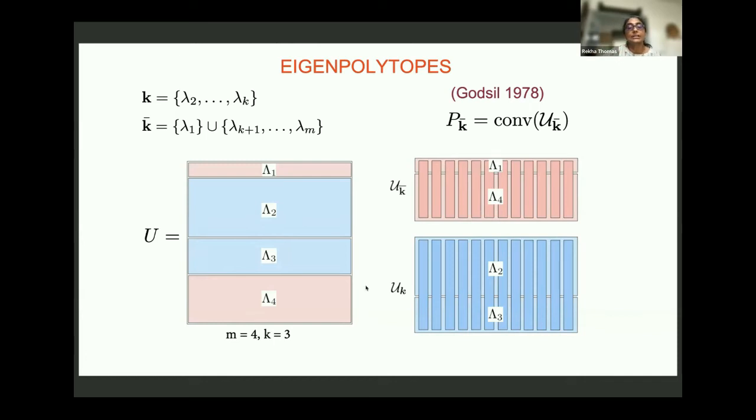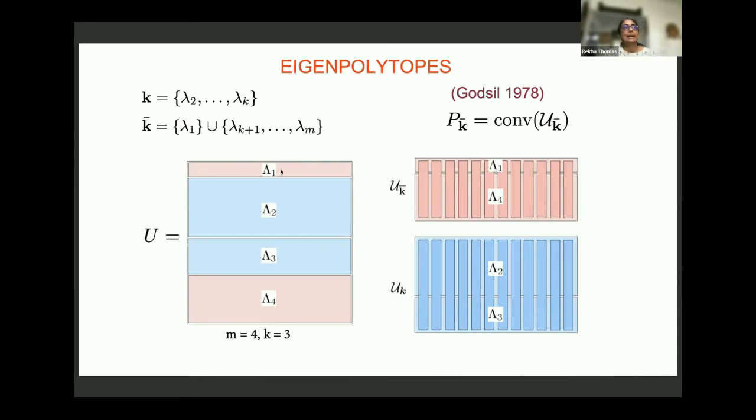We color the different eigenspaces we want to average blue. So here I want to average lambda 2 and lambda 3, so I'm going to color those submatrices inside the eigenvector matrix blue. And everything I don't want to average, which is in this K bar, I will color pink, okay?